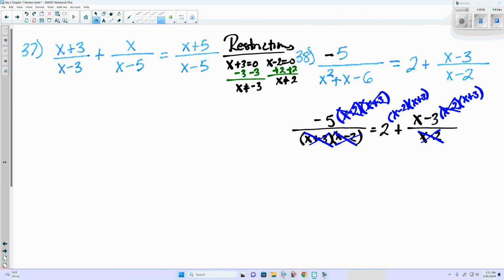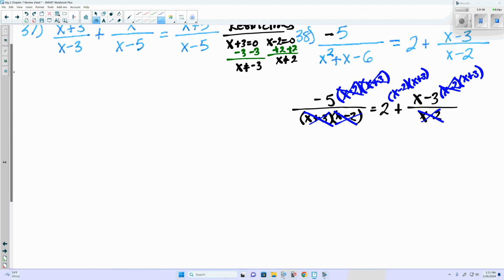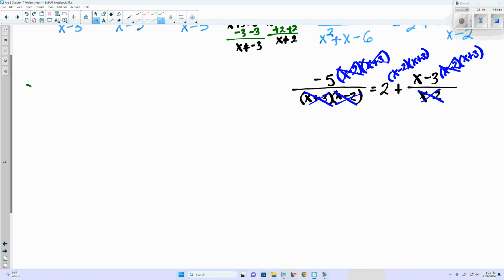So do we have anything left? So we have x minus 3 on top, yes? So we don't have to worry about simplifying it. We're just worried about the bottoms of the fractions. So every denominator, every bottom of the fraction simplified out. So we don't have to add anything else. If something didn't, then we can multiply through by it to get it to cancel also.